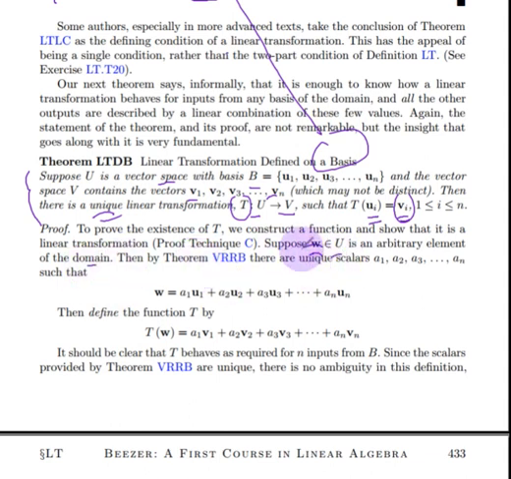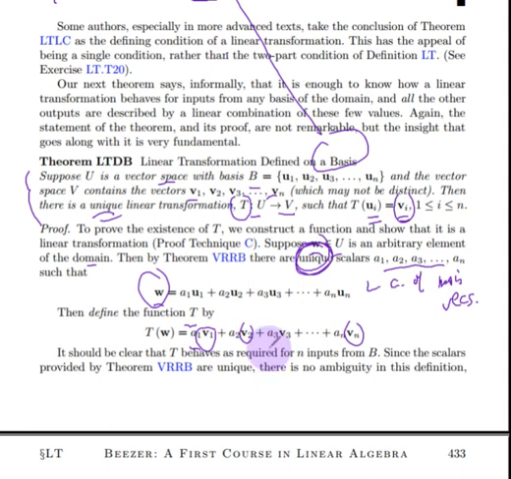Then there are unique, here's this important thing, unique scalars that make w a linear combination of basis vectors. Then we can define a function T on this vector w as alpha 1 times v1 plus alpha 2 times v2 dot dot dot alpha n times vn.